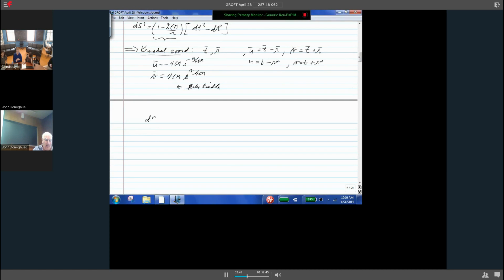And V bar is 4GM e to the v over 4GM. So they have this exponential relation that's just like what we found in Rindler.